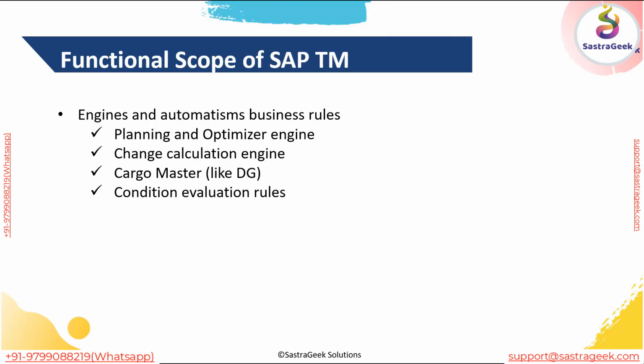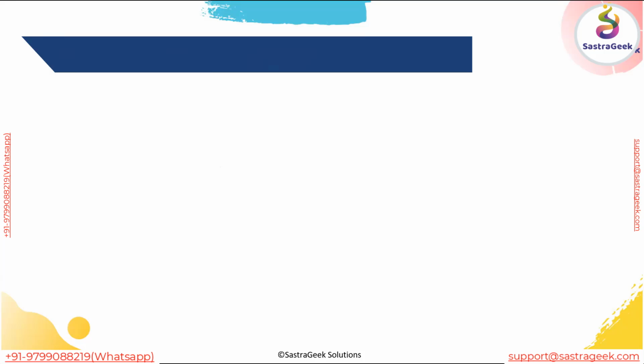And then we have a condition rule, based on certain conditions, how the system should behave. You can predetermine it. These are not ABAP codes. These are upfront BRF plus conditions that are utilized in TM. BRF plus means Business Rule Framework plus conditions. As we go along, we'll see how this helps us in achieving our objective.